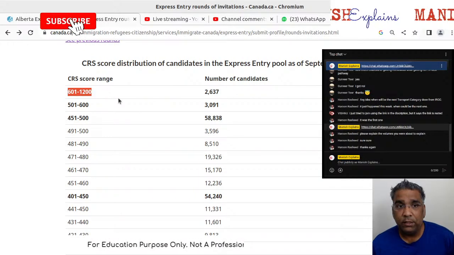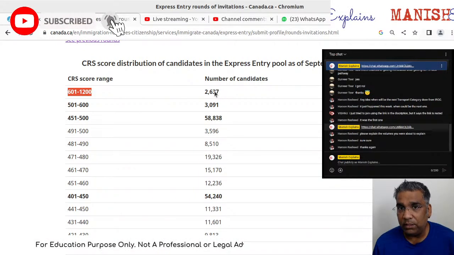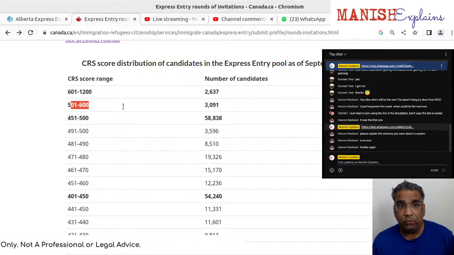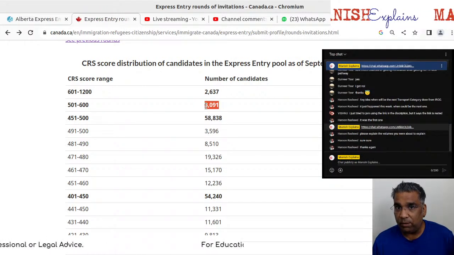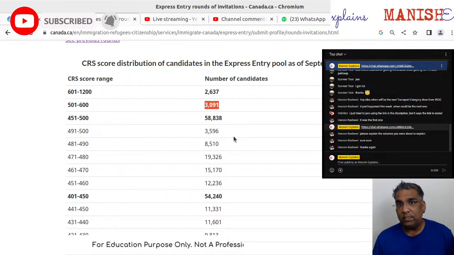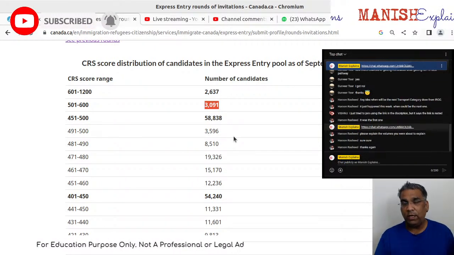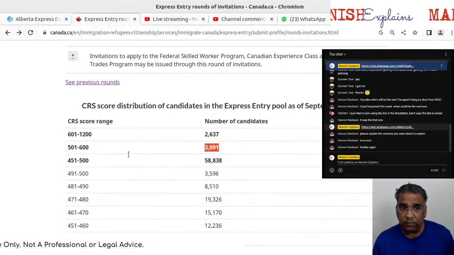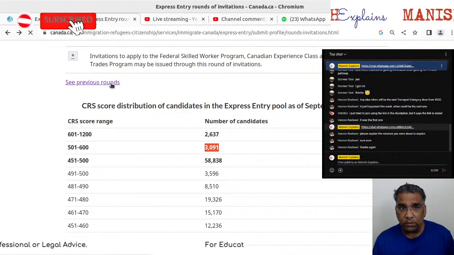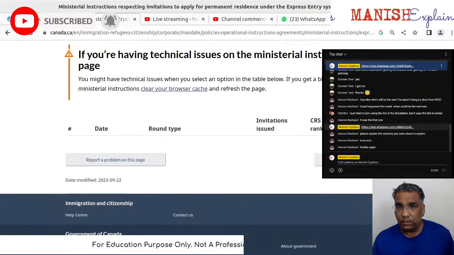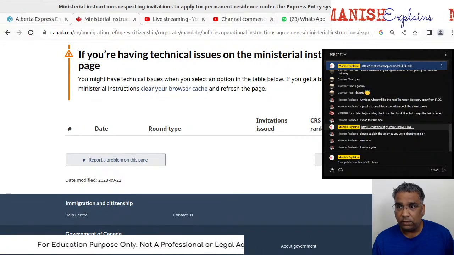So 601 is that particular range. In 501 to 600, 3,091 people were in the queue, almost 3,000. What did the previous round on 19 September say? Let's see.